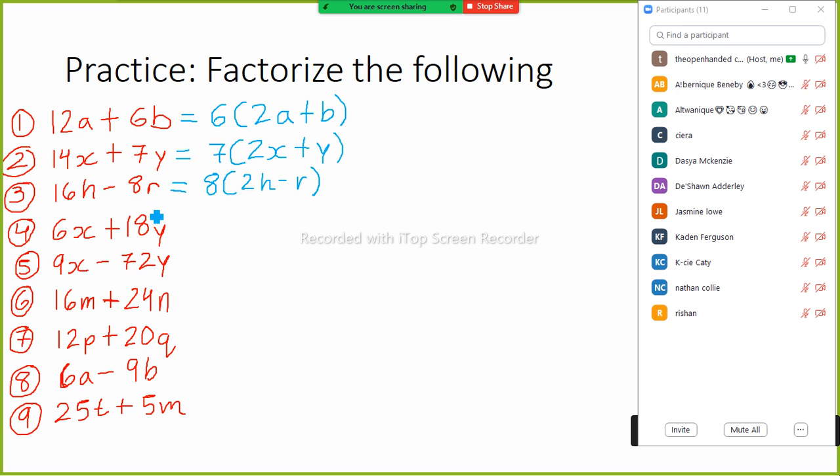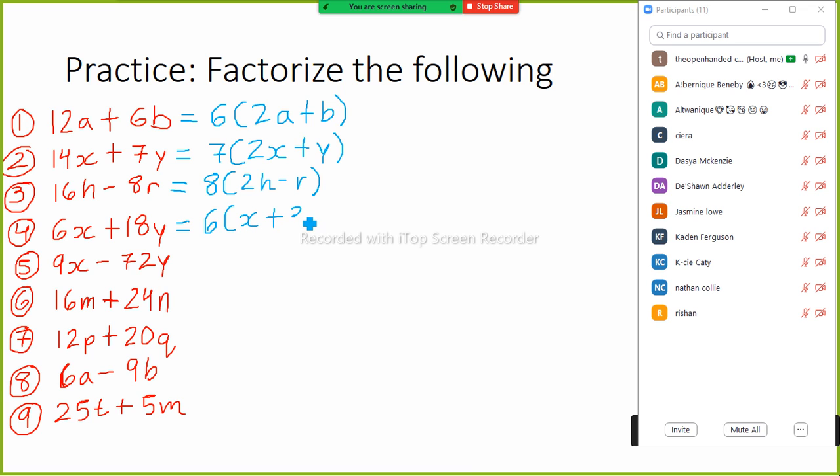All right. Next up we have number 4. Number 4, Sierra. Can you help me with that? Okay, so open bracket x plus 3y close bracket. X plus 3y.